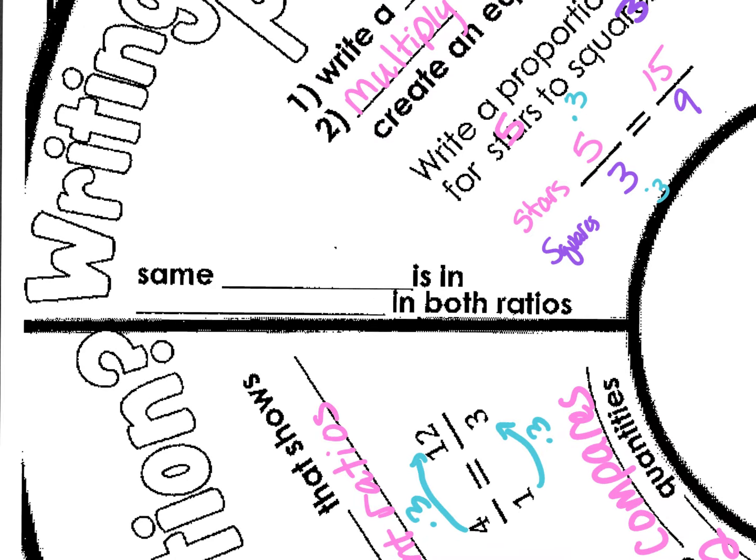Okay, so same item or unit. We've talked about our candy bars. We've talked about ounces. We've talked about stars and items like that is in the numerator in both ratios.